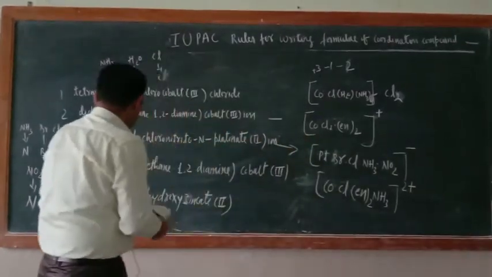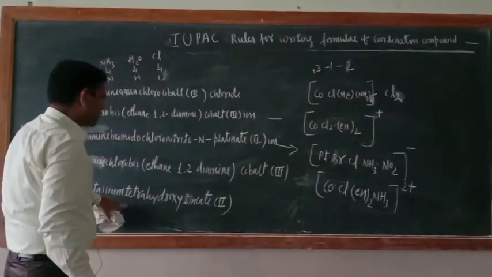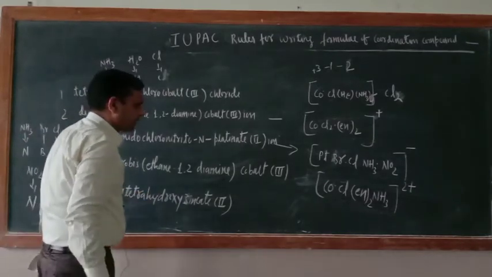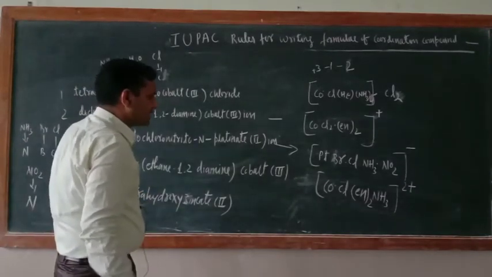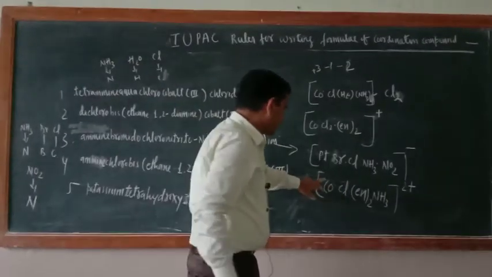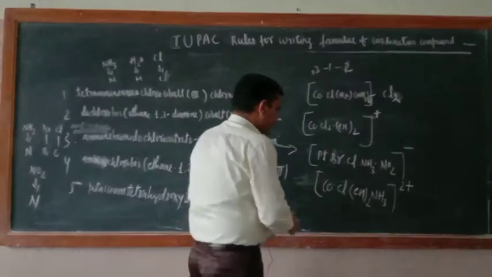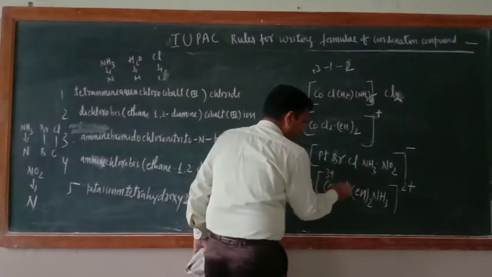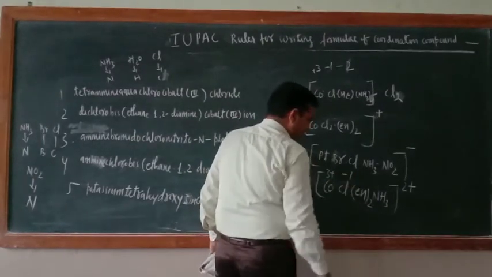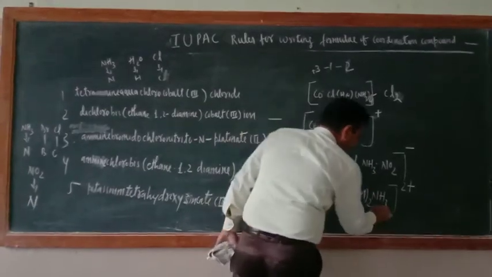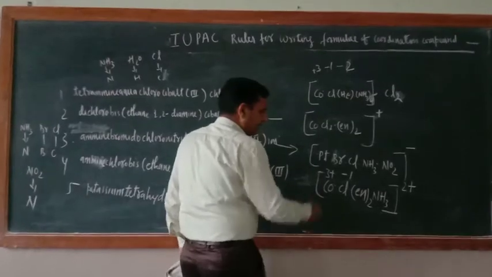Now the last one is very simple. Potassium tetrahydroxyzincate. Remember, don't get confused. Anyhow, you have to bring here cobalt oxidation state 3. So just see here, it is 3 positive charge. Here this is -1 charge. So 2 more negative charge should be there, no? Then only it will be equal.